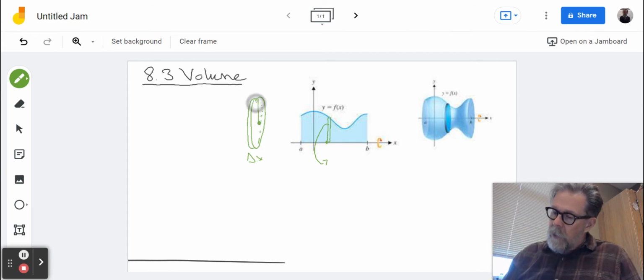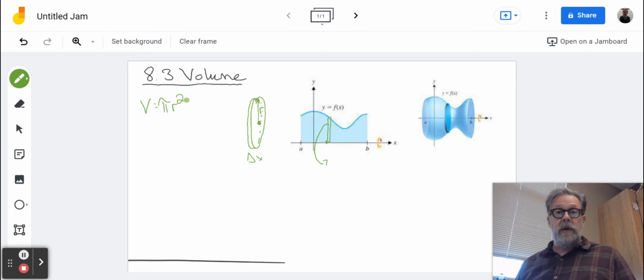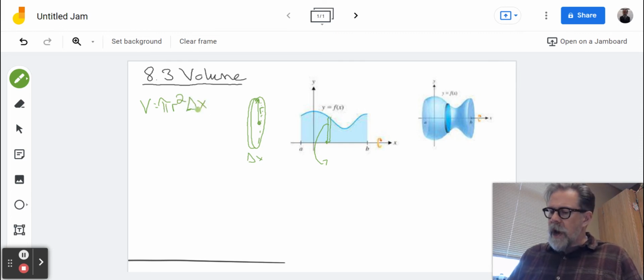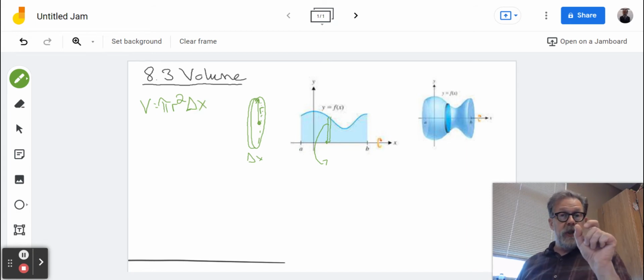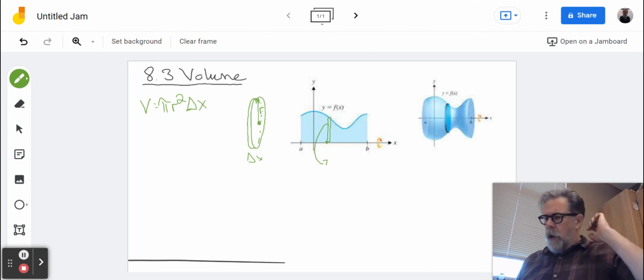It has some radius r, and you may remember that the volume of a cylinder is the area of the base of the cylinder, in this case circular, so pi r squared, times the height of the cylinder, which in this case is delta x. Well, what do we know about r?